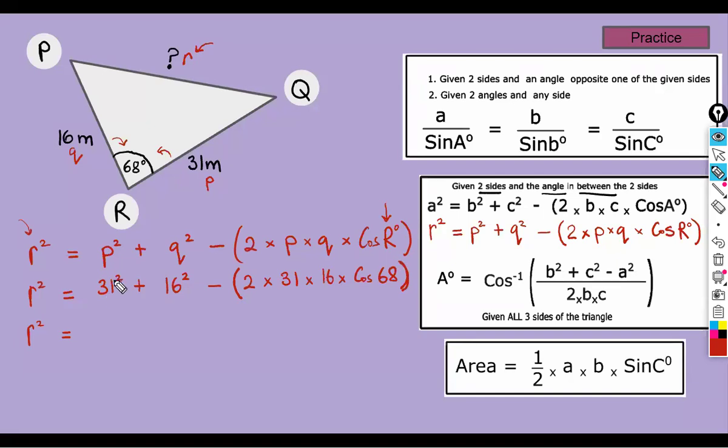So you're typing in 31 squared plus 16 squared minus open brackets, 2 times 31 times 16 times cosine 68, close brackets and press equal and tell me what you get. Go to 3 decimal places. It takes a little bit of practice, but try not to miss anything, right?